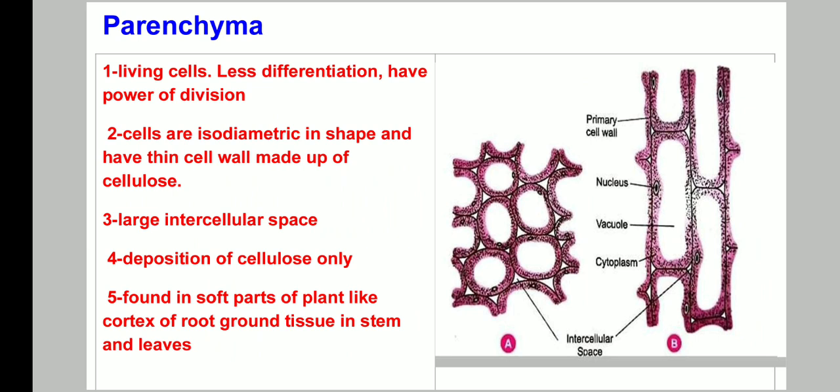As you all know, I had sent a PDF also, and previously also we had done this, but now let us revise it. Parenchymatous cells are almost of the same structure. They are not so much differentiated.